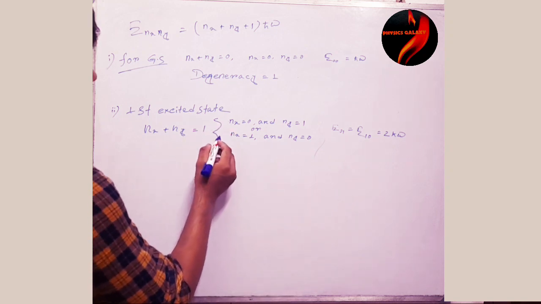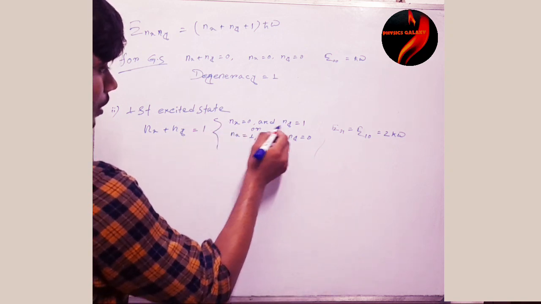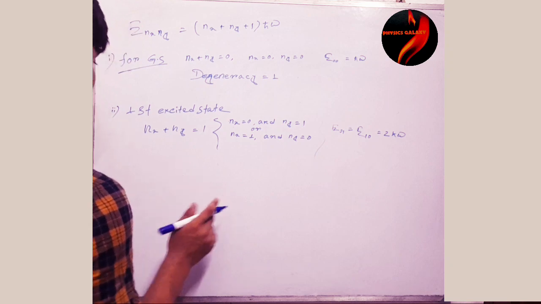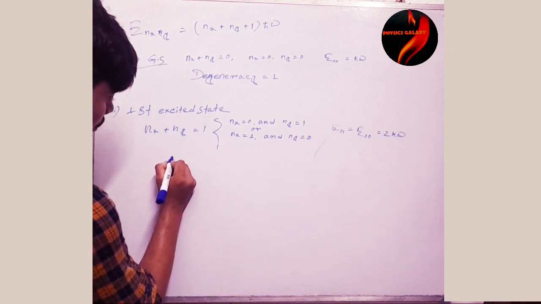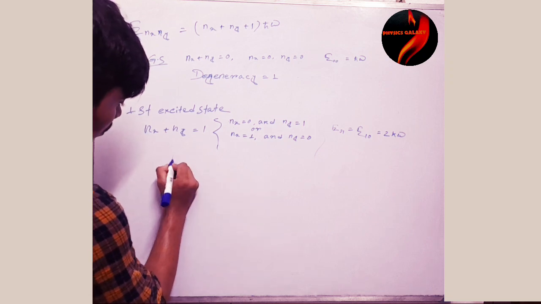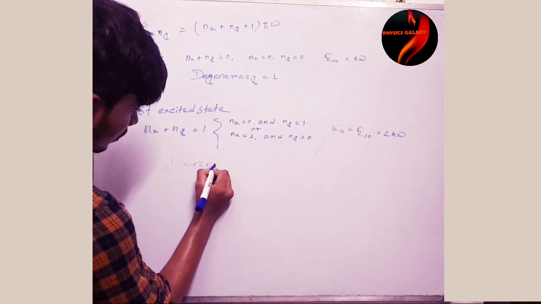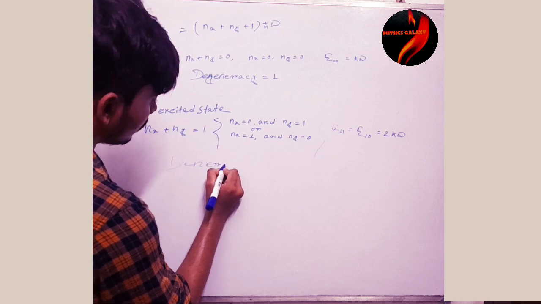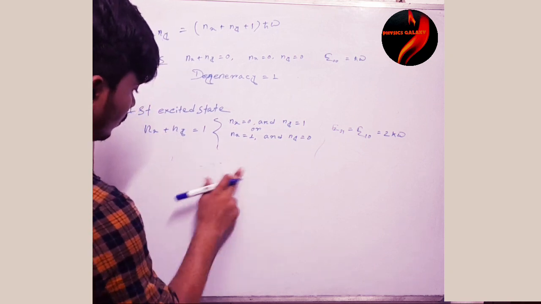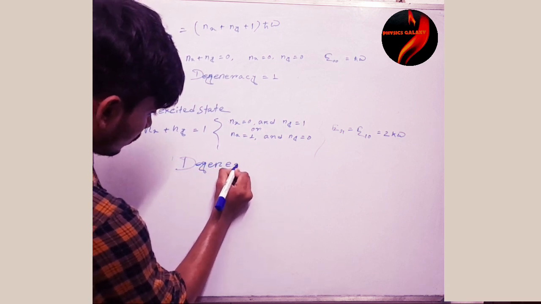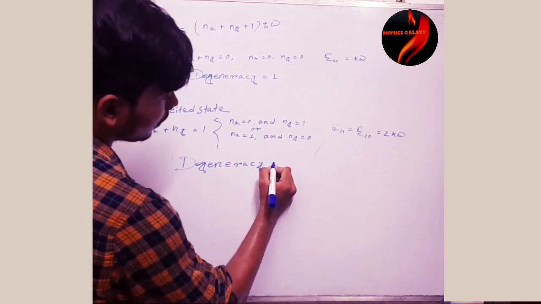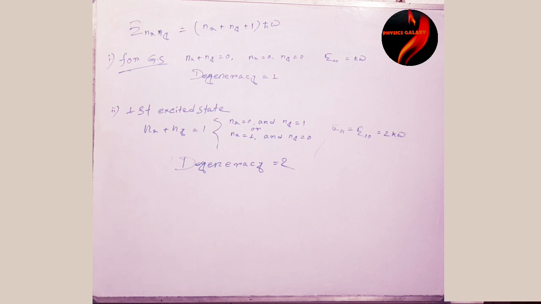We get two combinations of nx and ny, so the degeneracy of the first excited state should be 2.